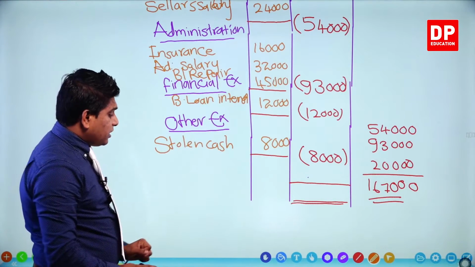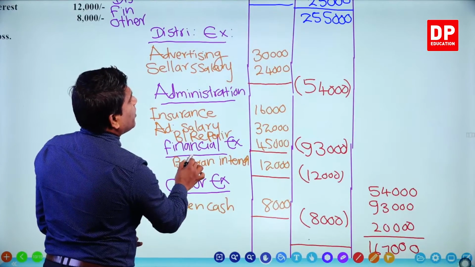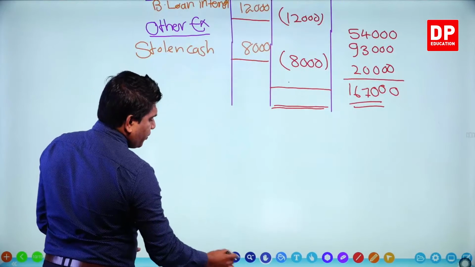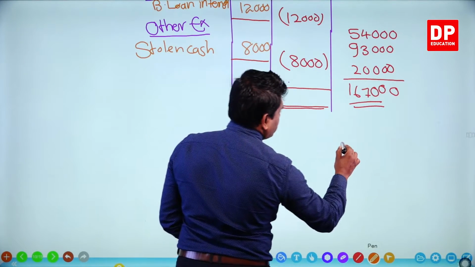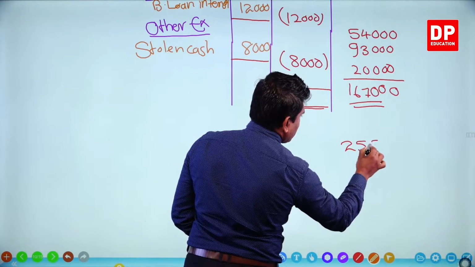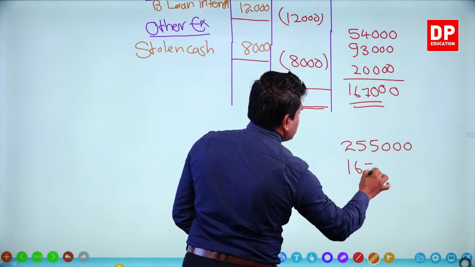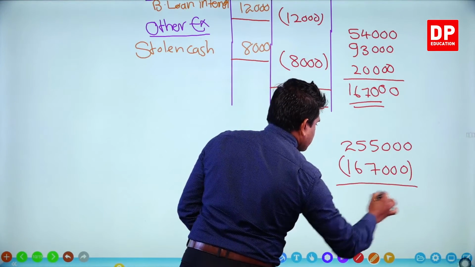Now you can see on the top, you can see total income. How much? 255,000, right? Then what you do? From 255,000, these are the total income. 167,000 is the total expenses. Then you know the theory is this, what?